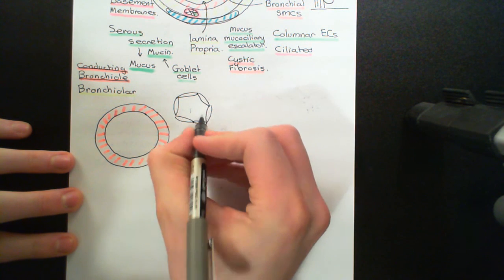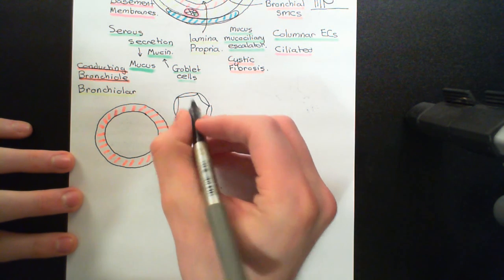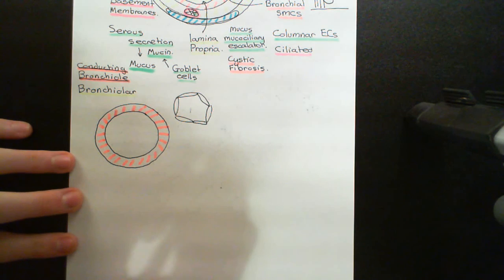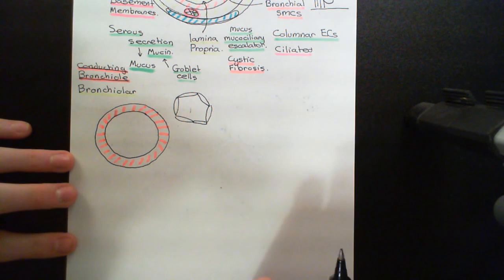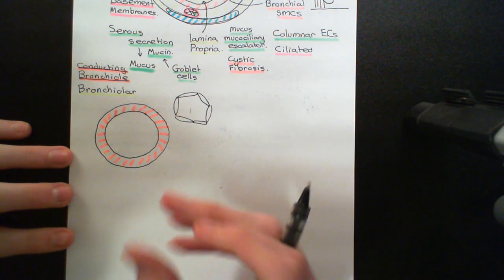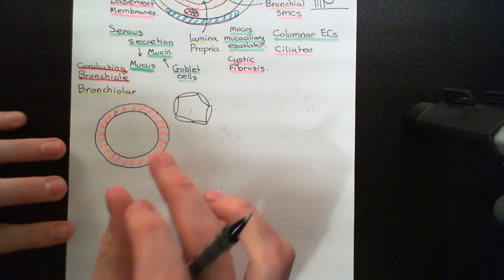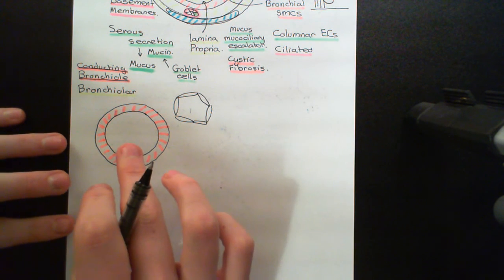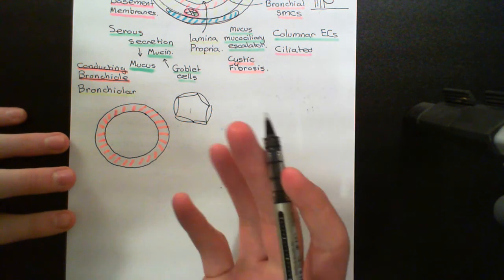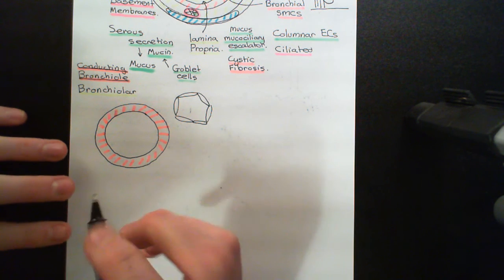If you can imagine them all contracting, then their lengths would all decrease. That means the circumference of that ring is going to decrease, and when the circumference of a ring decreases, the diameter of that ring decreases, so it will cause constriction of the lumen of the bronchiole. Indeed, it will cause bronchiolar constriction. Right, so there is the bronchiolar smooth muscle cell layer.